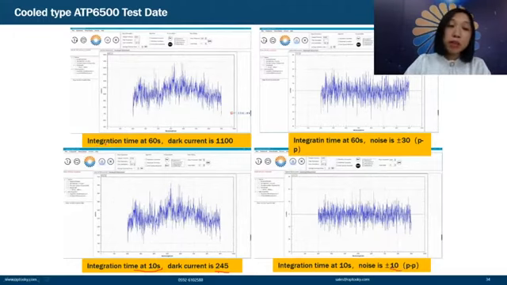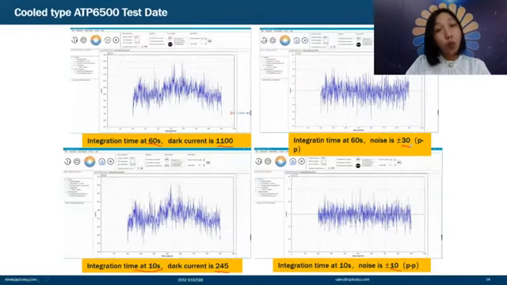And if we increase the integration time to 60 seconds, the dark current is just 1100, and the noise is just 30. So you can see why the ATP 6500 costs so much, because the performance is very good. It's very easy to run the spectrometer for over an hour, and the dark current and noise are fairly good.